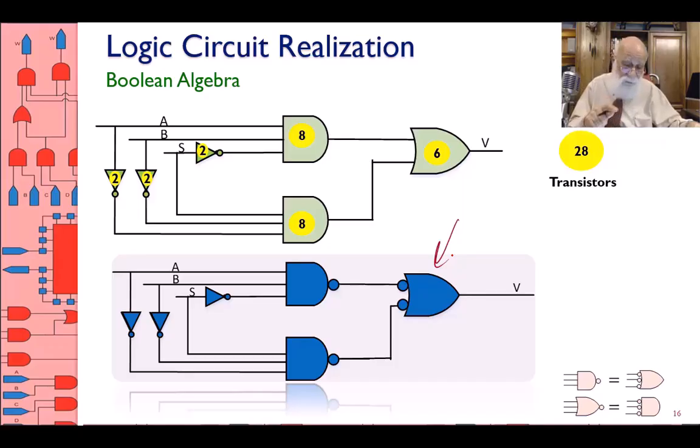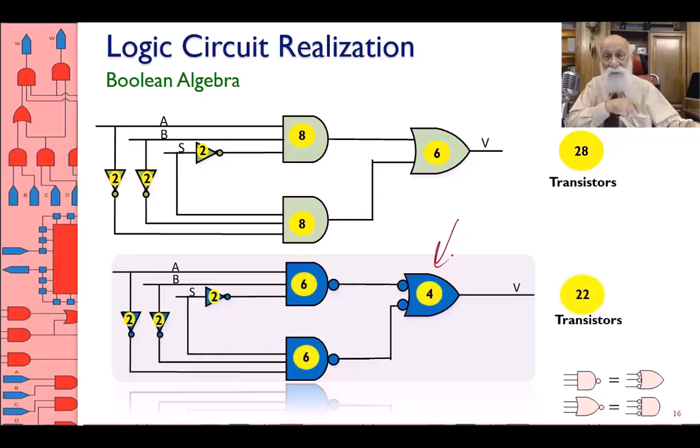In any case, I used Boolean algebra using De Morgan. I have this circuit, and this circuit only uses 22 transistors. What it means is by Boolean algebra manipulation, I'm able to turn a circuit into fewer transistors, fewer gates, a faster logic, and so on.